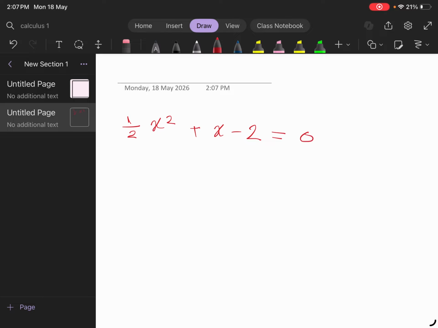And there's something I don't like about this 1 over 2, so in order to make life easier, I will multiply each and every single term here by 2. So I multiply here by 2, here by 2, and here by 2. It's okay as long as it's 0.